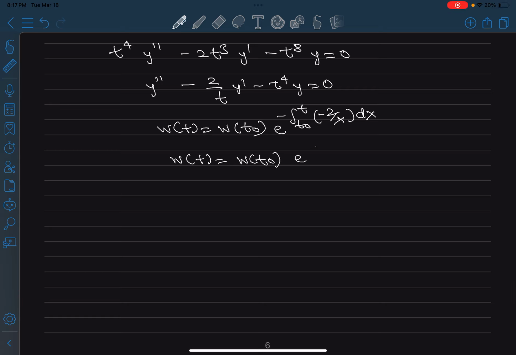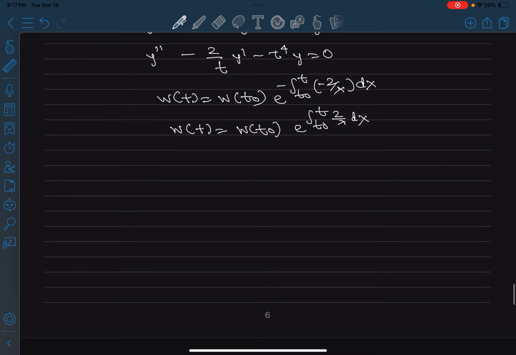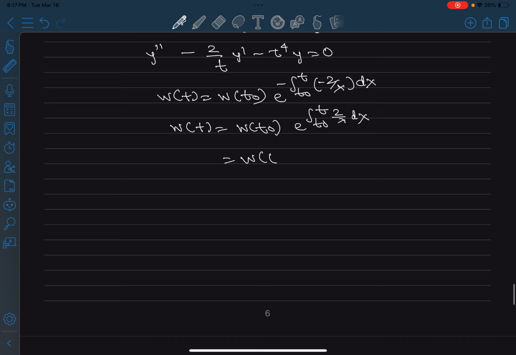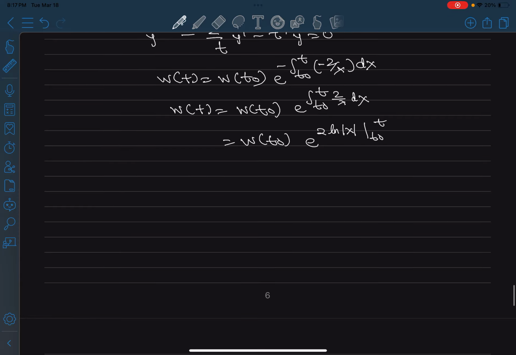So the Wronskian will be some constant times e to the power integral from t naught to t of 2 over x. And this is just 2 times ln of modulus of x from t naught to t. But since there's t in front, I can basically remove the modulus and make it just ln of x square, from t naught to t.